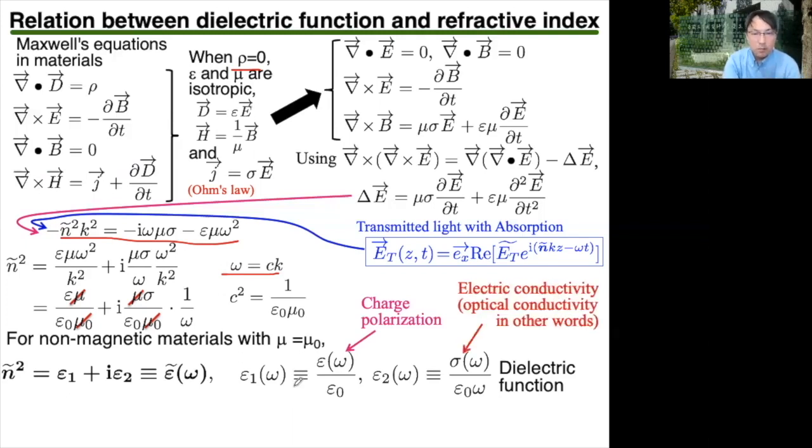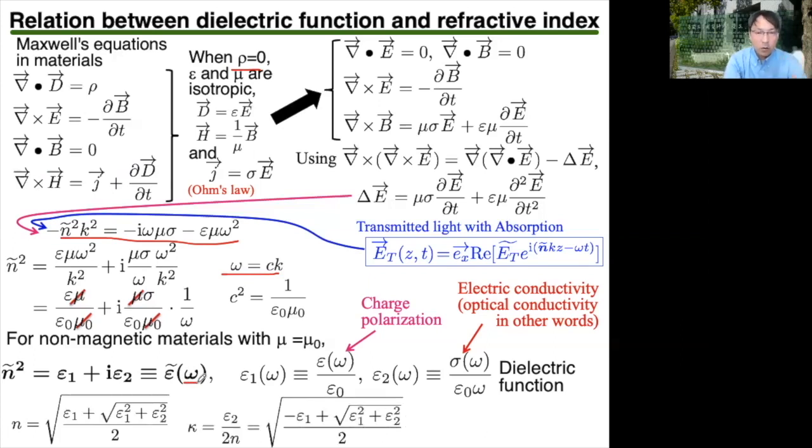For the imaginary part of the dielectric function, its numerator represents electric conductivity, called optical conductivity, showing how the current is driven by the electric field of light. Usually, the dielectric function is expressed as a function of angular frequency omega, namely a quantity equivalent to the photon energy.